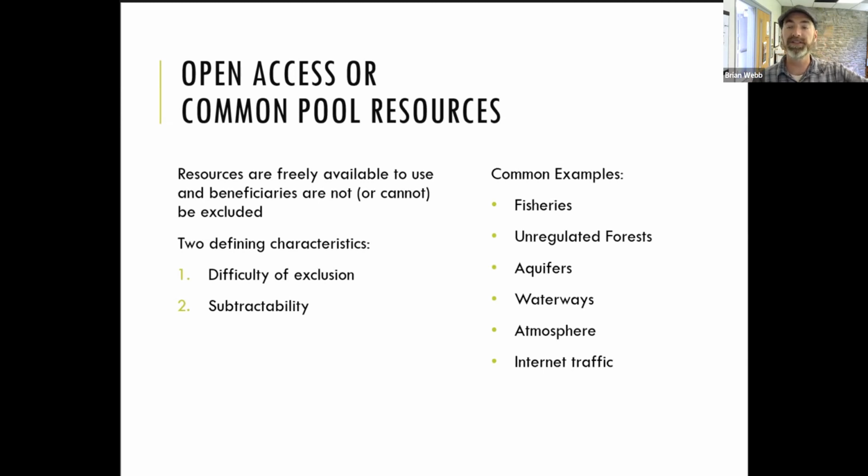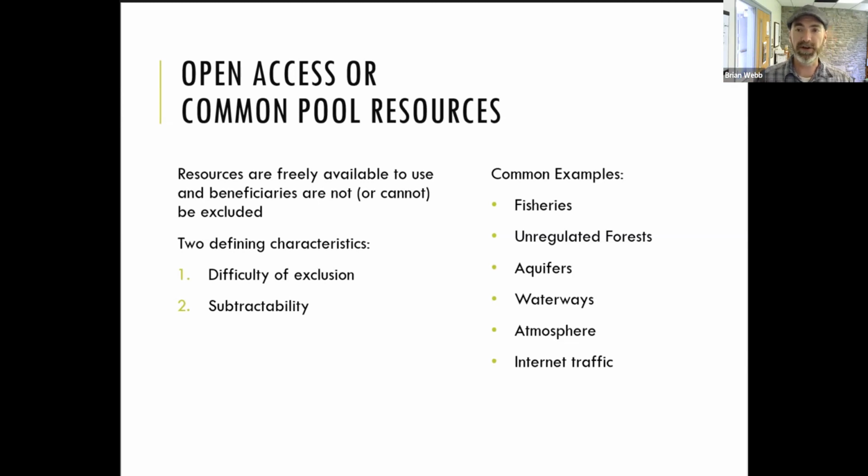Now, regulated forests are different because they're managed, but unregulated forests, think of the Amazon basin, a large forest covering an enormous space of land that is not regulated at all. It's not managed. The countries adjacent to it do very little to protect it from illegal logging. So it is an open access resource. Anyone can go in and cut timber to sell for profit or to create more farmland, etc.